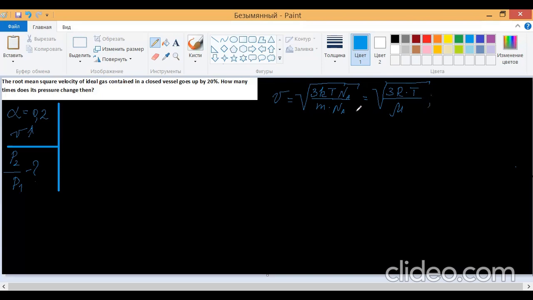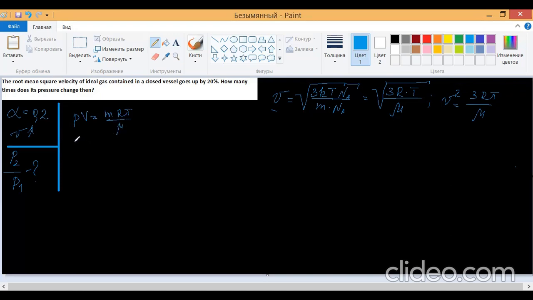But it's not very convenient for us to deal with a square root. For that reason, I offer that we raise both parts of this equation to the second power, and we will get the following: v squared is equal to 3 times RT over mu, right? And if we deal with ideal gas, we can use the ideal gas state equation: P times V equals m times R times T over mu.